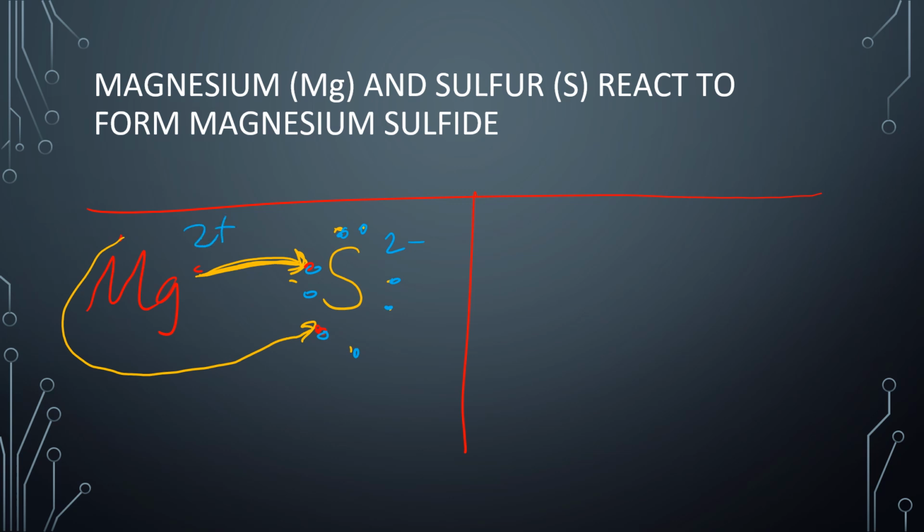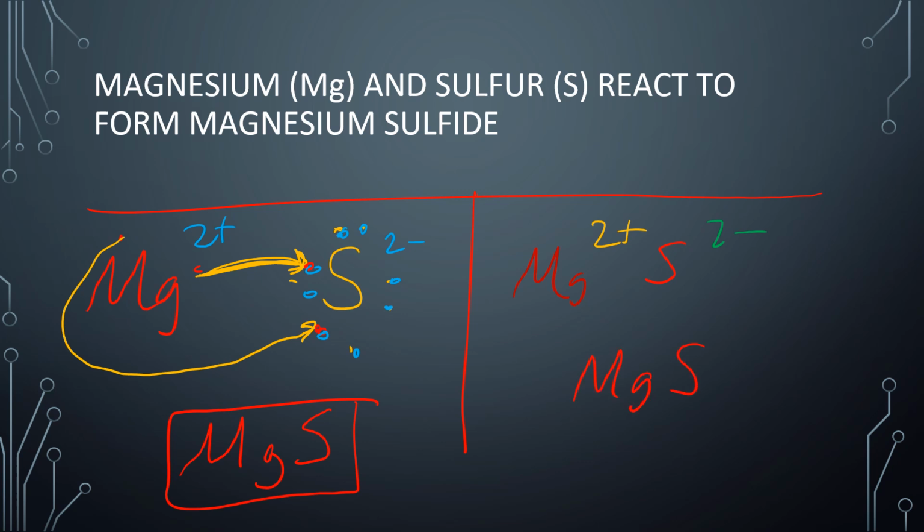You have one of each element, so it's just MgS. That's it. You have Mg 2 plus, sulfur 2 minus. Those are the oxidation numbers you get from looking at the periodic table. So you just drop your elements, and now I want to crisscross my 2 from the S and my 2 from the magnesium.